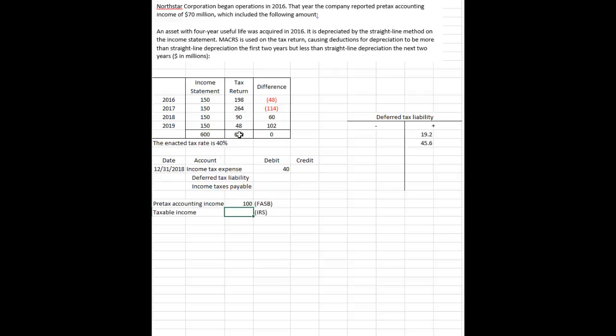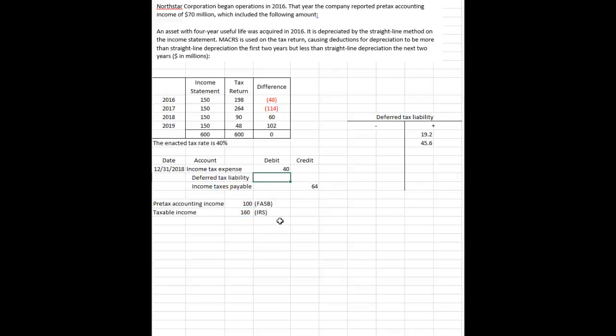Now watch what happens. The IRS says you can't deduct the 150 you deducted for depreciation; you can only deduct 90. That means I have to take the $60 million difference and increase this amount. So my taxable income is going to be $60 million higher than my pre-tax accounting income, and I calculate my taxes payable to the IRS off that figure, which is still 40%: $64 million.